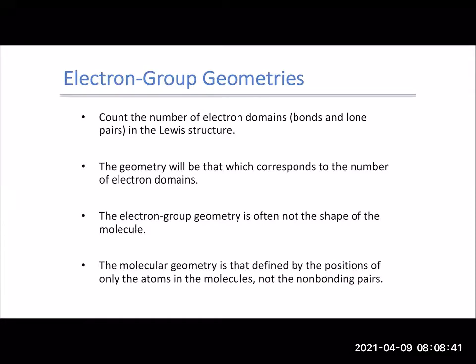So electron group geometry, that's our bonds plus lone pairs. Molecular geometry, that's the bonds only. But we use the electron group geometry to help us figure out the molecular geometry.